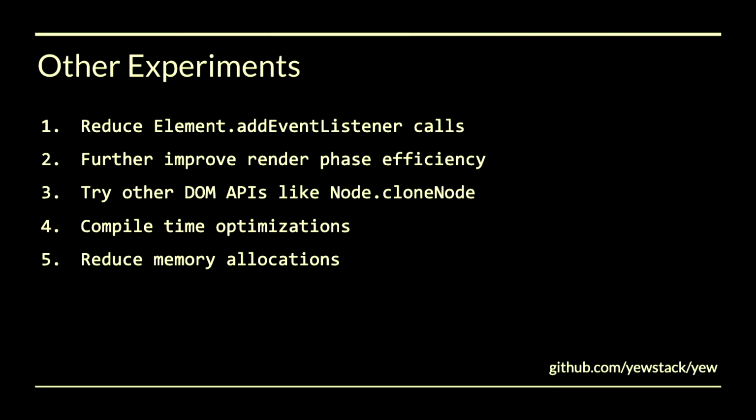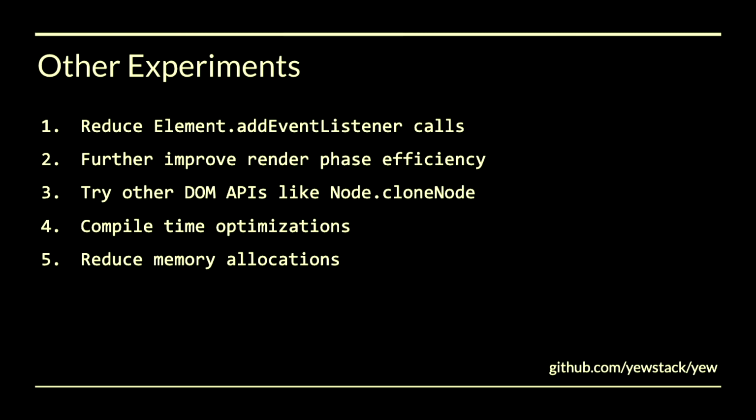And then a couple other things. We're going to keep looking at improving the render phase efficiency. There's an API called cloneNode. For each row, I noted that there were 11 nodes that make up each row. Those nodes are a container node, and then inside there's a text node, and maybe a delete button, and all these things.